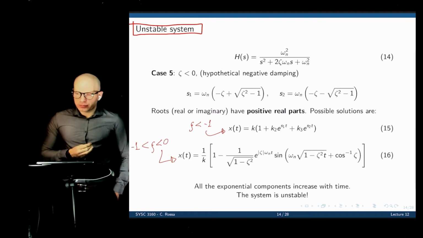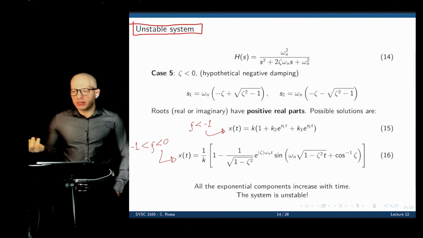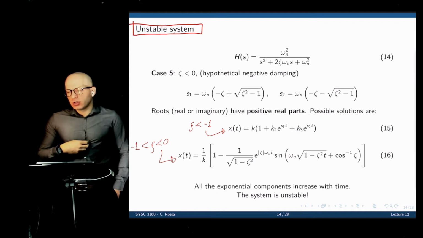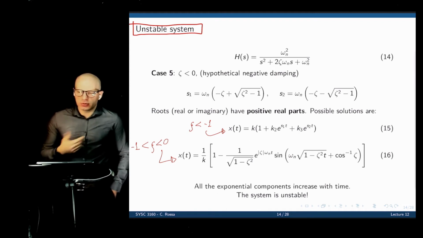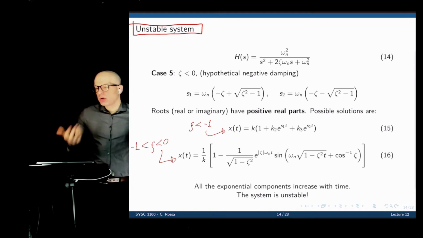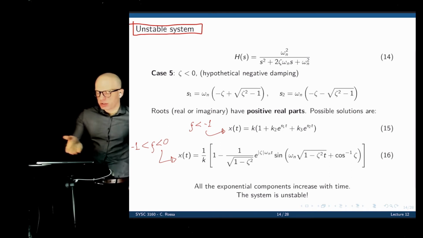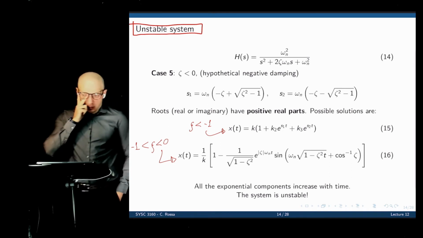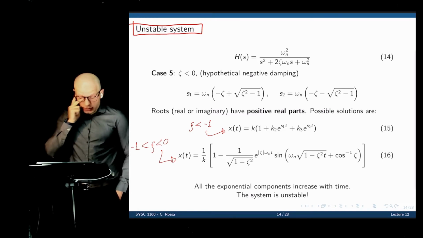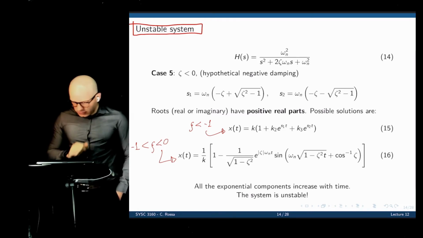It would be the same as the critically damped case, but now it's just an unstable system. An unstable system is unstable regardless of whether it has exponential, sinusoidal, or whatever. Okay, thank you. They don't need to worry about that specific case. So we have 5 distinct cases.